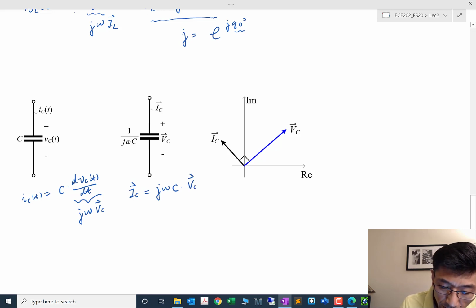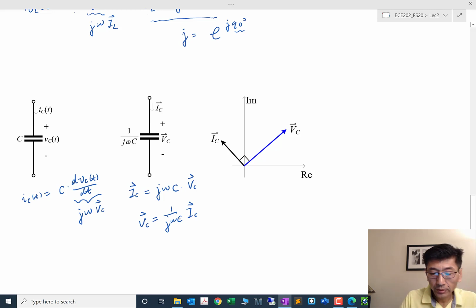If we write V sub c equal to something times I sub c, just as we did for the inductance, it is 1 over j omega c times I sub c. That's the element constraint for the capacitance in terms of phasor. Again, here we have an algebraic equation.